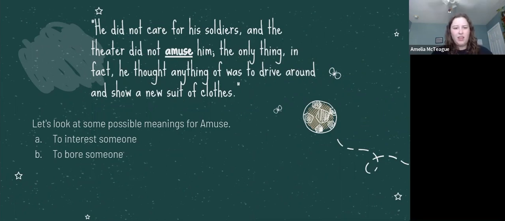Does the theater interest him, or does the theater not interest him? Or does the theater not bore him? I don't think the theater interests him that much, considering the only thing he wants to do is show off his new suit. I think it's going to be A, because we see that he only wants to show off his new clothes.